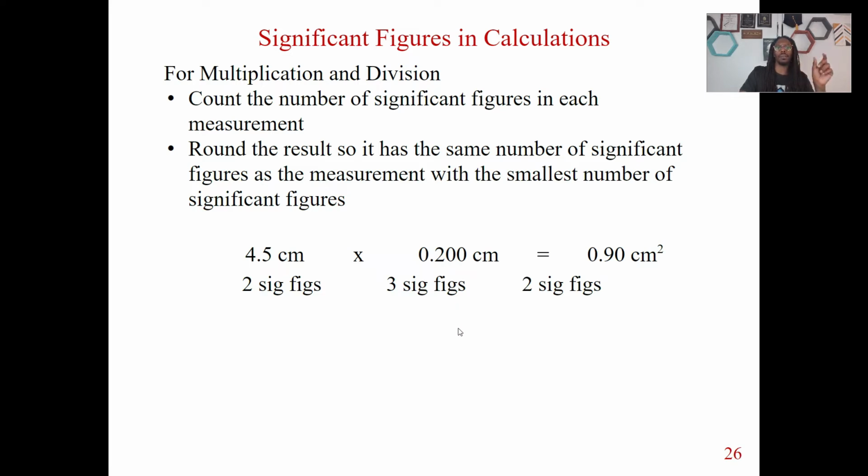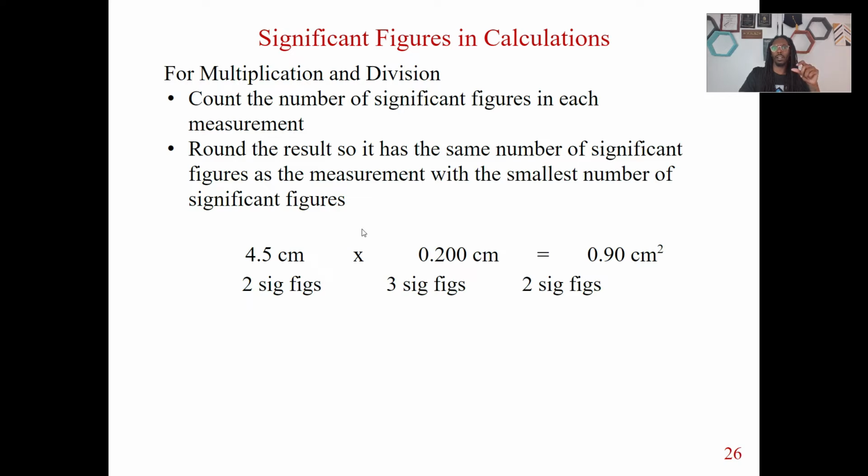Now, because I am multiplying, my result must have the same number of significant figures as the measurement with the smallest number of significant figures. Of these two, which one is the smallest? 2 or 3? 2.